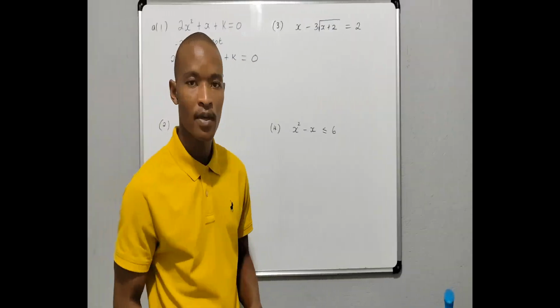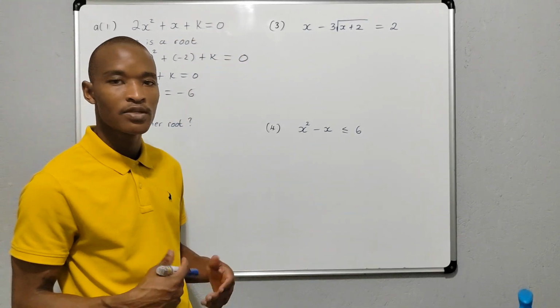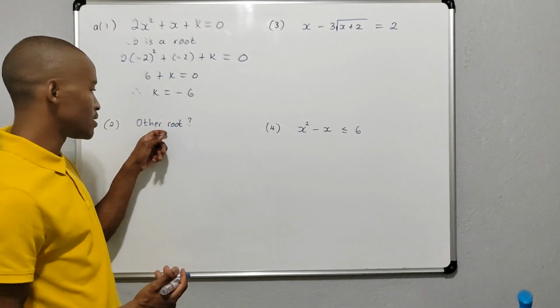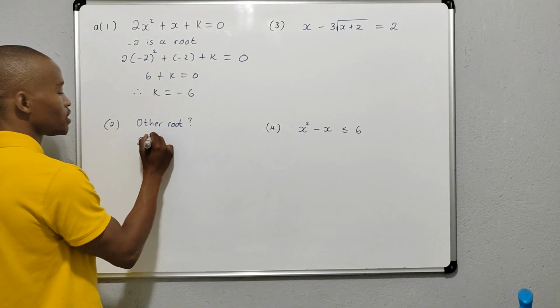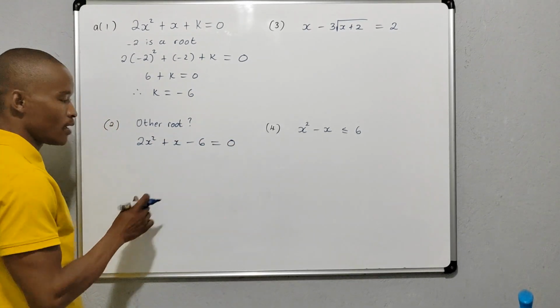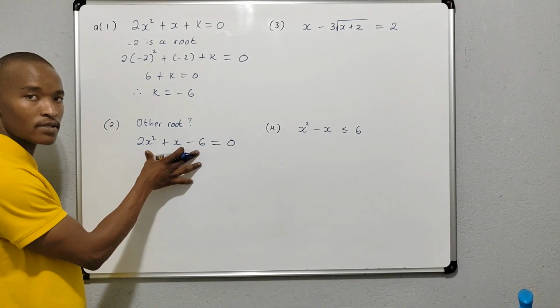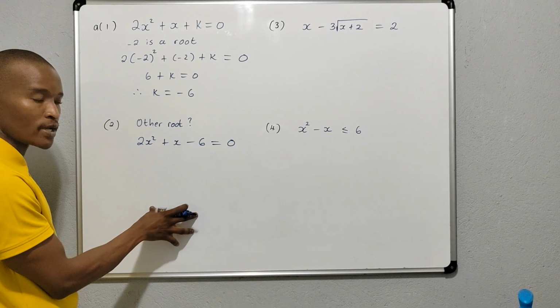All right. So then the next question becomes a follow-up question where we are asked to determine the other root, that is the other x-intercept. So we have the full equation now, and we can now factorize this to determine the 2 factors giving us the 2 roots or the 2 x-intercepts.